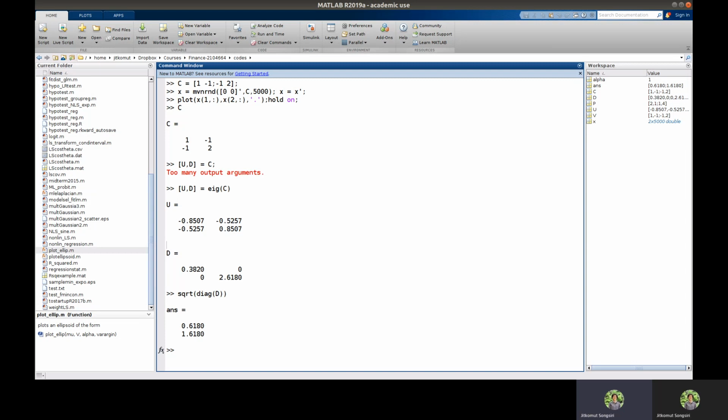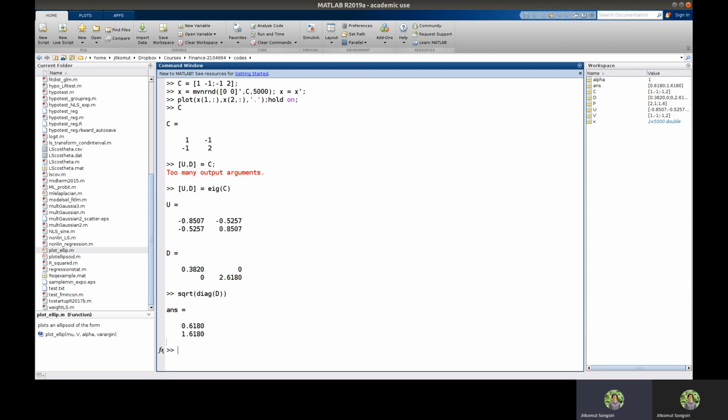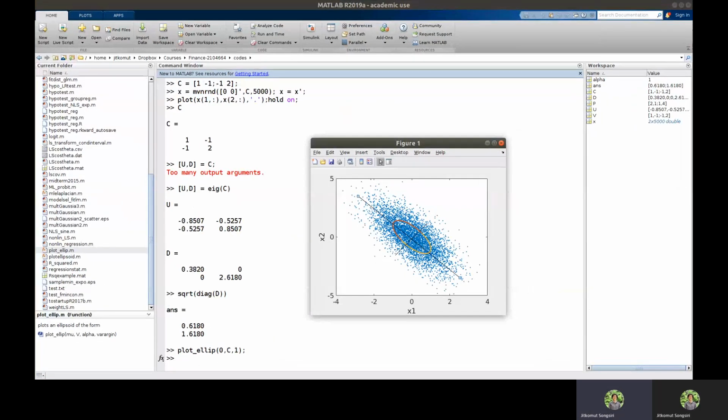Now I'm going to plot an ellipsoid overlay on this scatter plot. First, I'm going to use alpha equal to 1. So it's this ellipsoid. Now I would like to draw an ellipsoid that is guaranteed to cover 90% of the points in this realization.